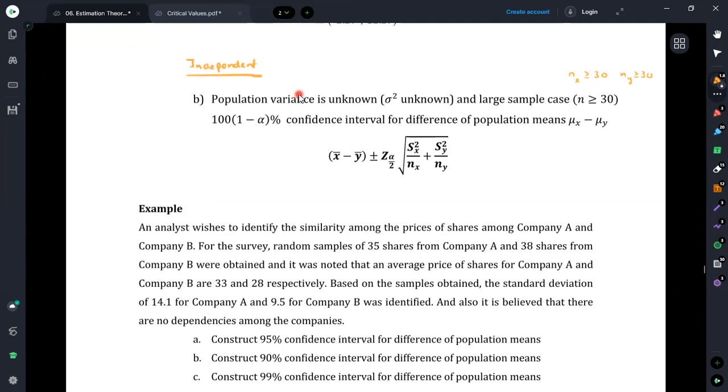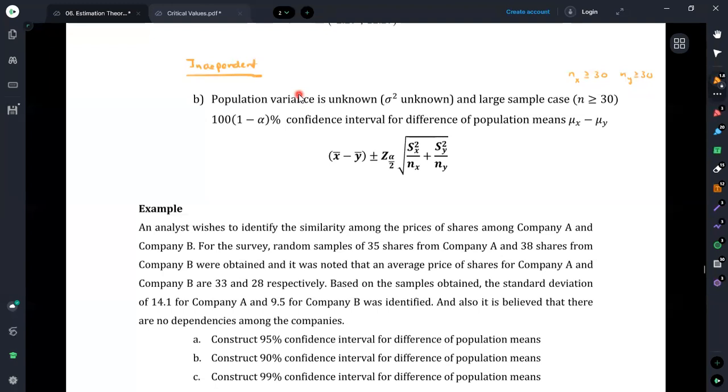In this situation, we can construct the 100 times 1 minus alpha percent confidence interval for the difference of the population means, mu x minus mu y. We can use this equation.